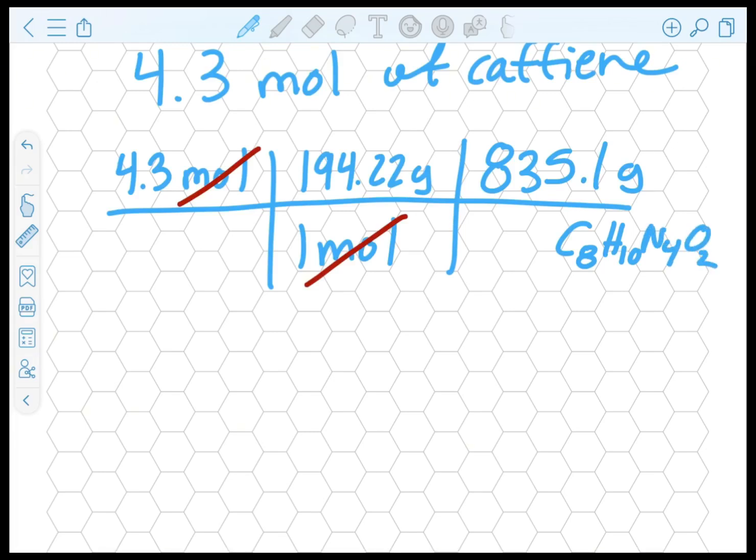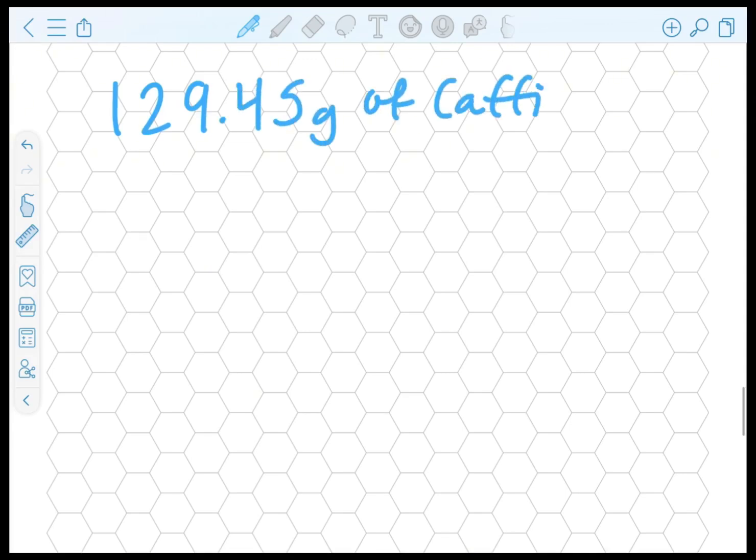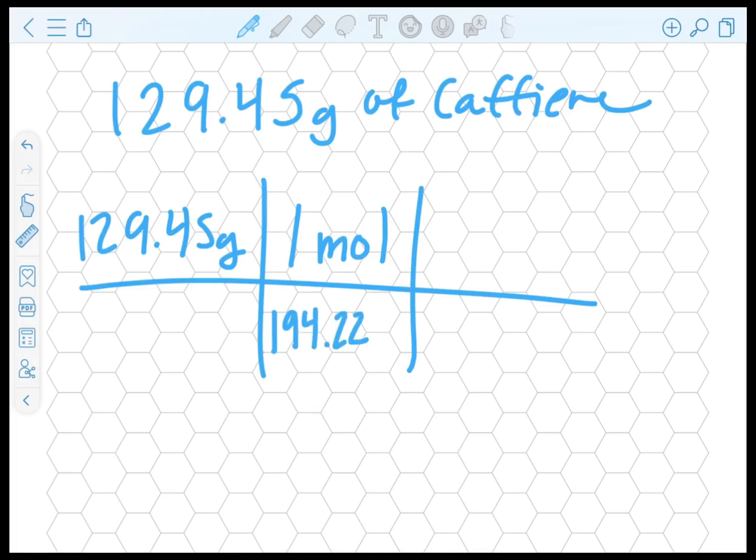All right. Now let's say we have 129.45 grams of caffeine. How many moles in that? Well, let's use the other conversion factor. If we have 129.45 grams of caffeine, we're going to multiply by 1 mole over the molar mass of caffeine, which is 194.22 grams.